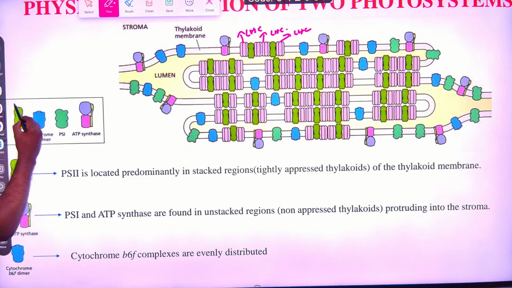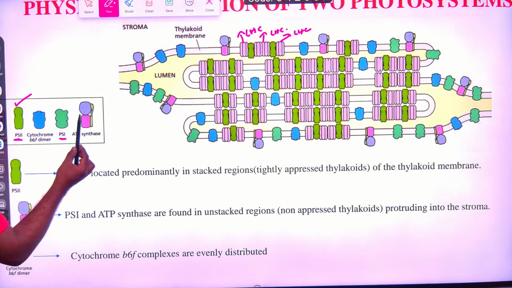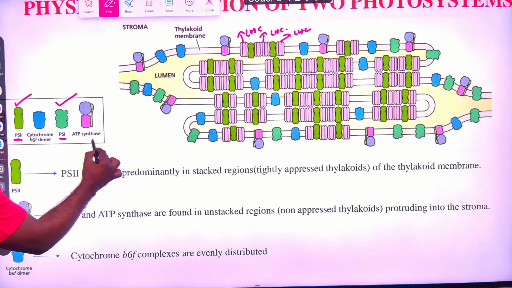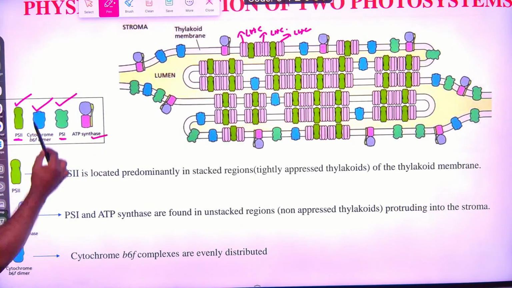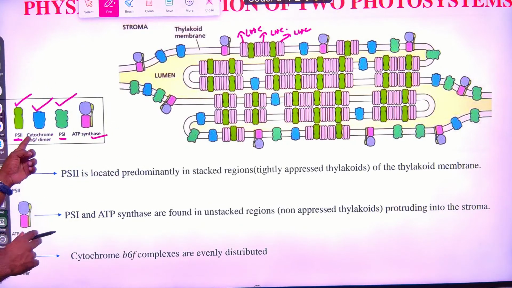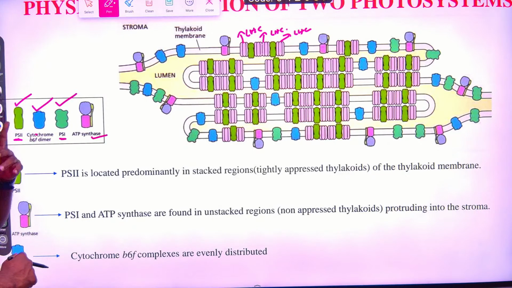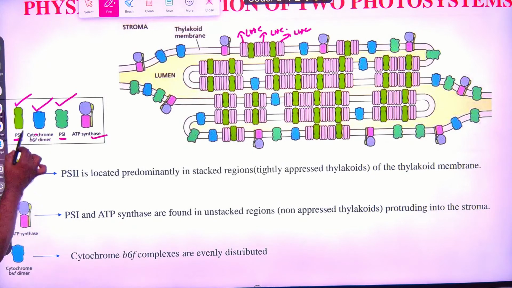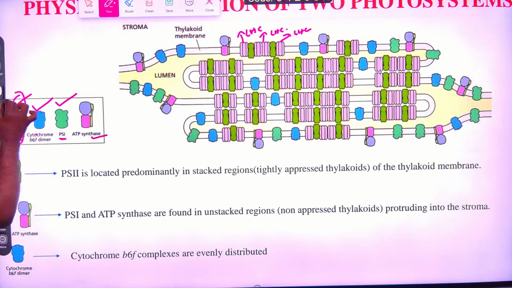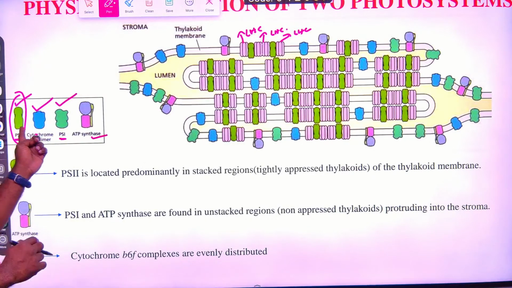This is the dark green one, PS2; the light green one, PS1; the ATP synthase enzyme; and the blue one is the cytochrome b6f dimer. Now observe the picture carefully. Where exactly is PS2 located? Location is very important.